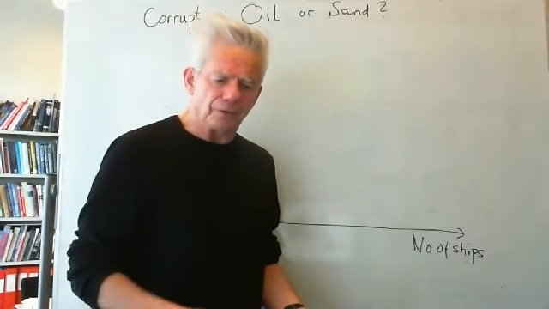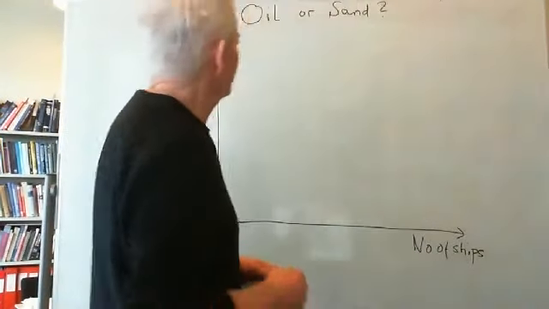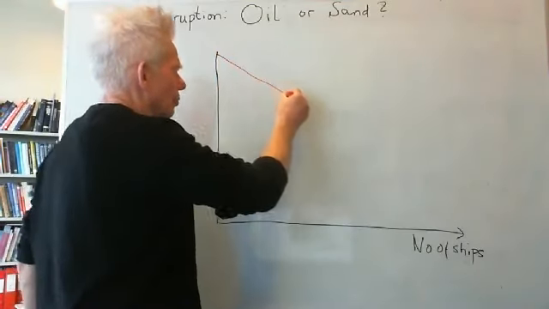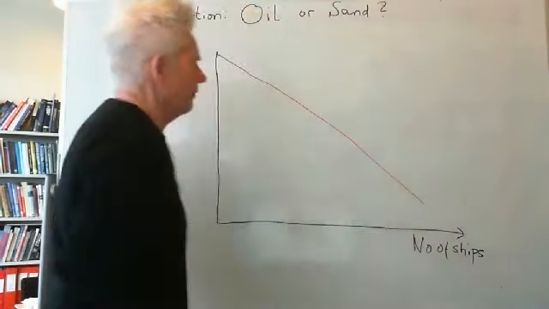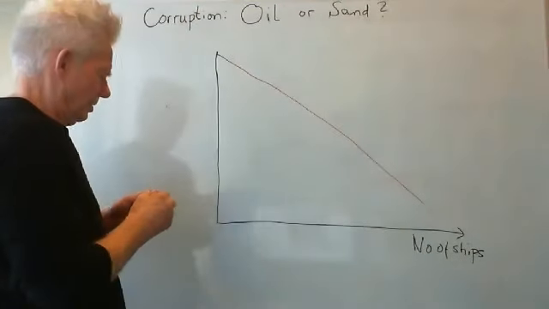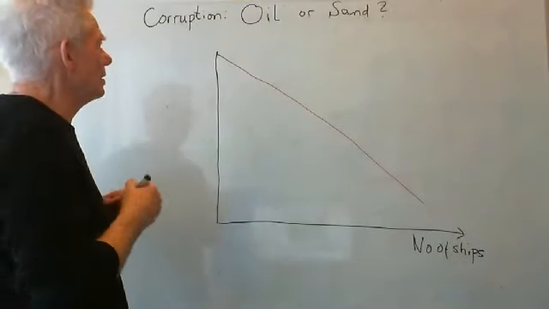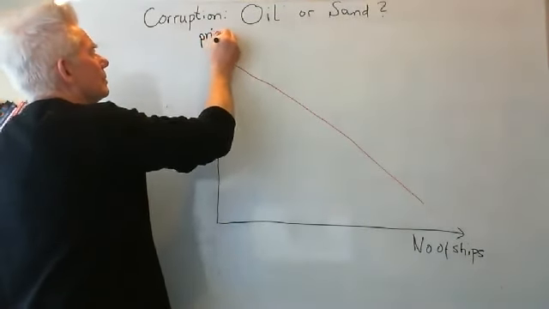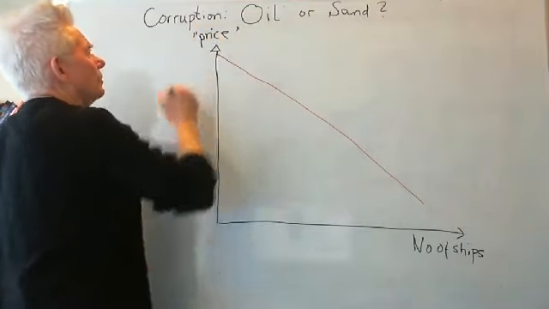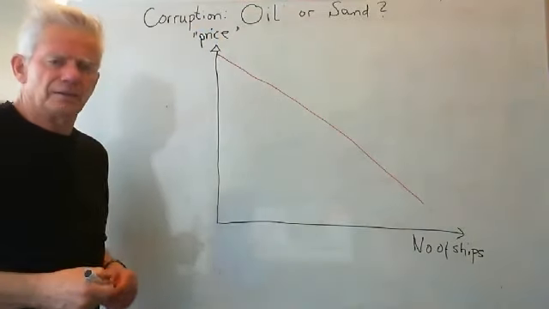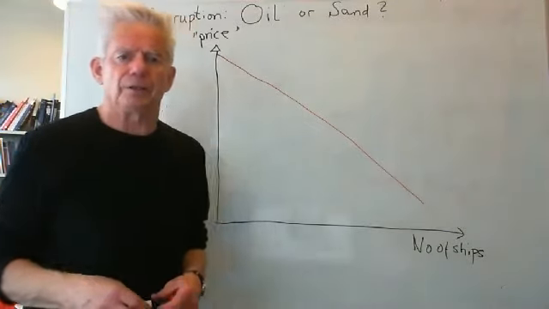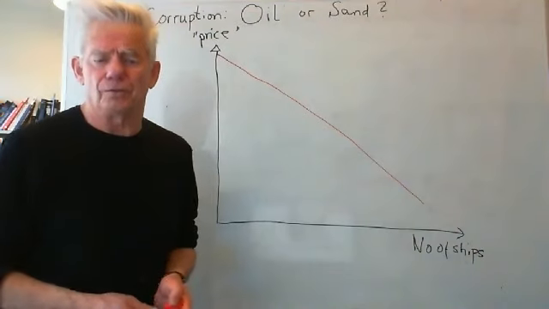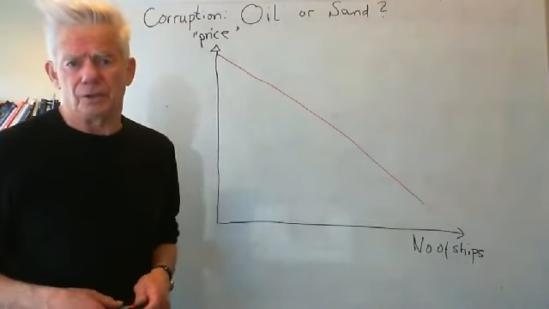There is a demand for entering the harbor. We draw that as this red curve here. If we have a low price, so this is the price or the fee that they are going to pay, that is the fee for entering the port, which is a substantial cost of running a commercial ship.